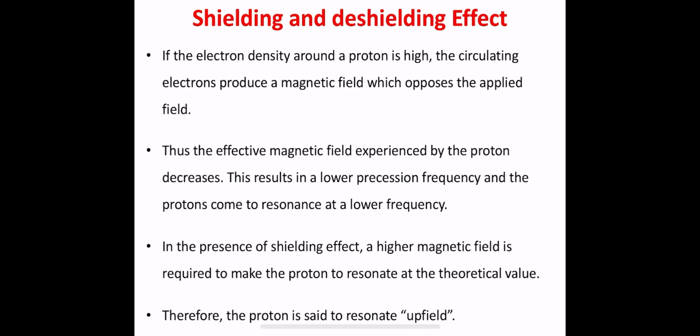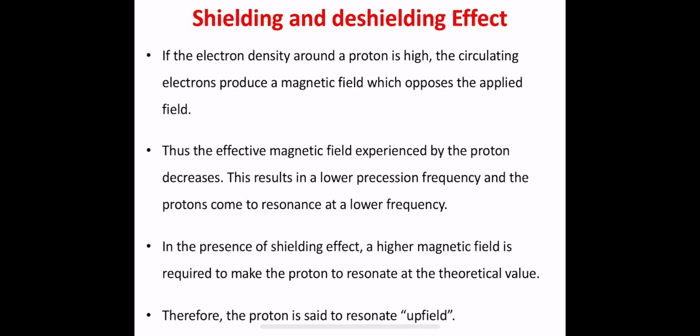That is in the case of bare protons, but practically in compounds the protons are present in different chemical environments. Say, for example, in bromoethane, the protons of CH3 and CH2 are in different chemical environments, so the electrons present around the protons influence the magnetic field experienced by the protons. As a result, the protons resonate at a different frequency than the theoretical values.